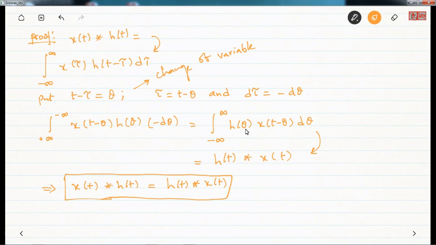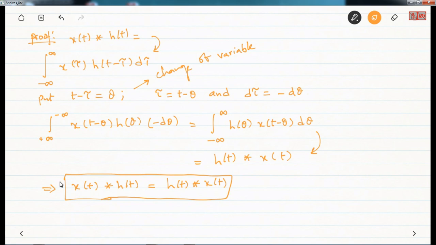Similarly, here the dummy variable is theta. Instead of tau, you are simply putting some other symbol. You should know about dummy variables; you must have done many problems on integrals in your first year and second year math courses.